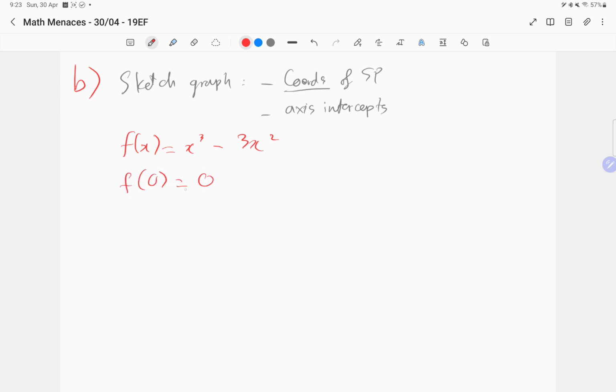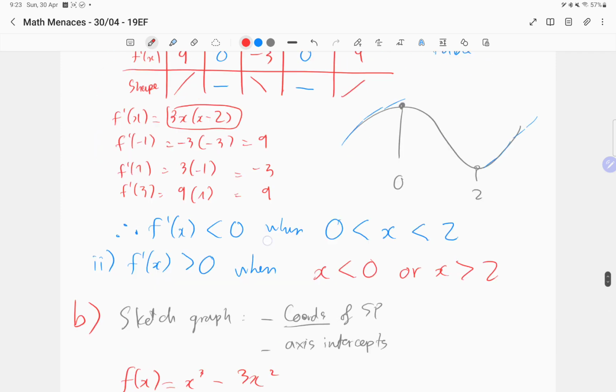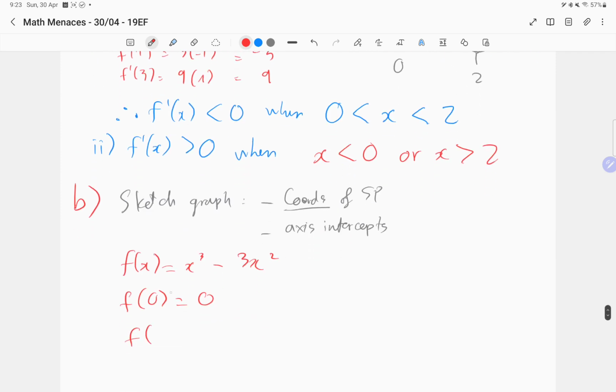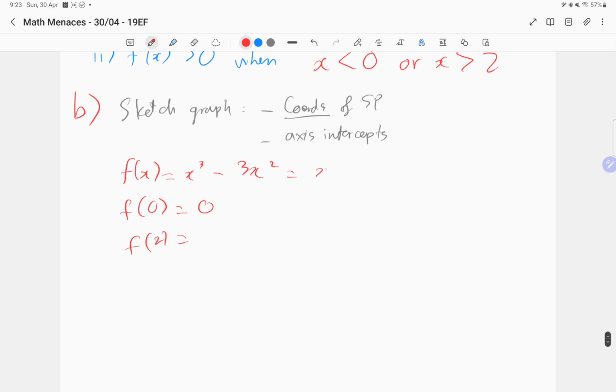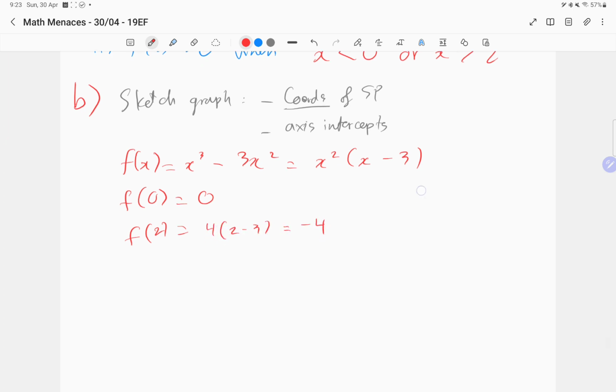So f(0) will just be 0, and f(2): I can factorize it, x squared times x minus 3. That's 2 squared, which is 4, times 2 minus 3, which is negative 1, so that's going to be negative 4.